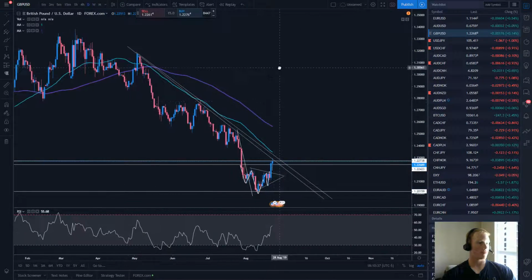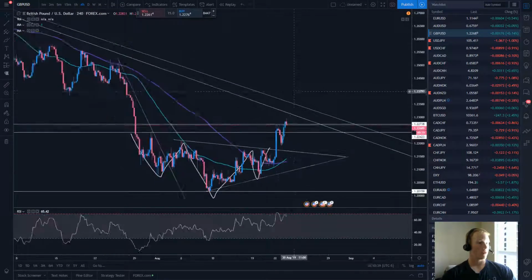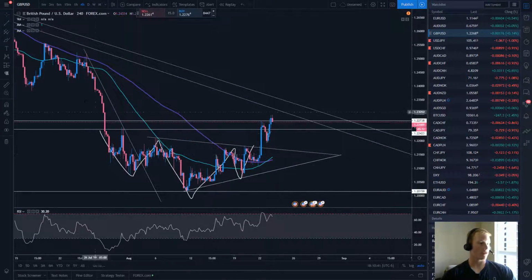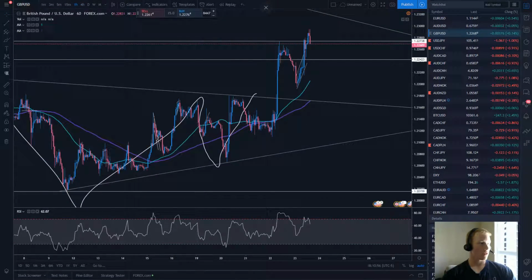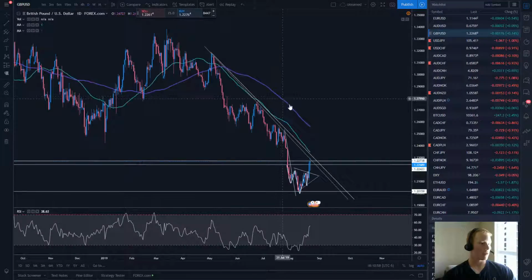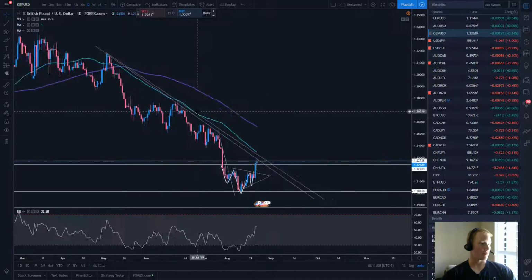There we go. Alright. What's happening here? We had an inverted head and shoulders, kind of started triangling here. Price broke out yesterday morning, and it's been moving up since.